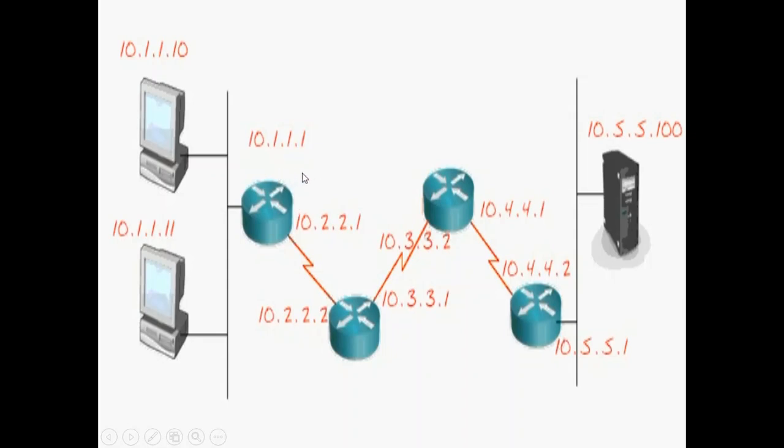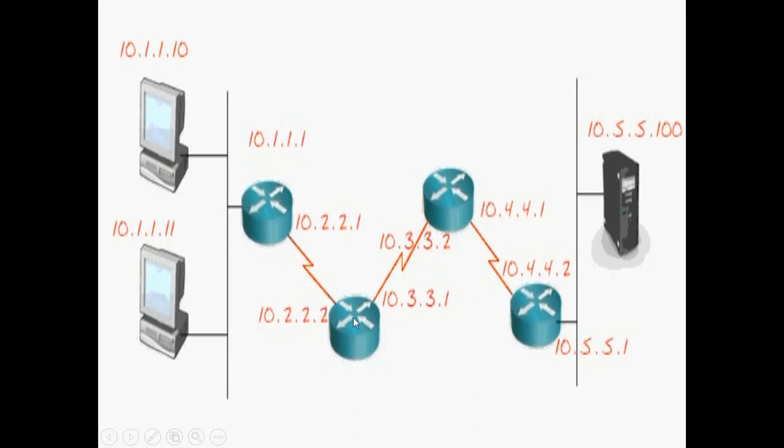The source IP address is 10.1.1.10, and the destination IP address will be 10.5.5.100. But it is going to take up the MAC address of this router, as a process of encapsulation and decapsulation, and picks up the MAC address of this router, but the IP address will remain the same, right?